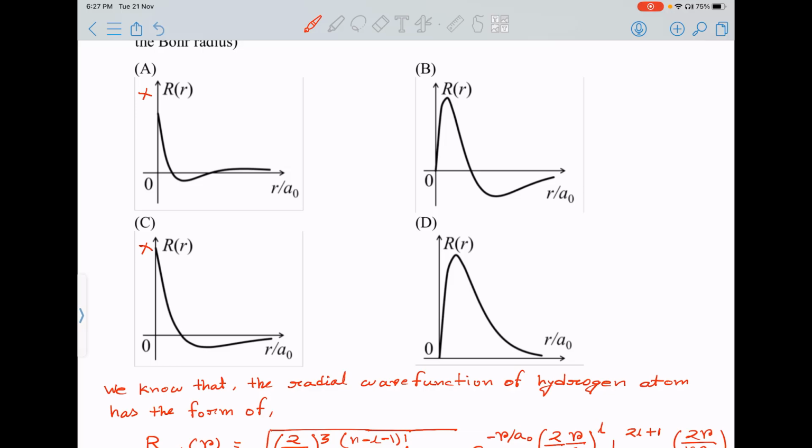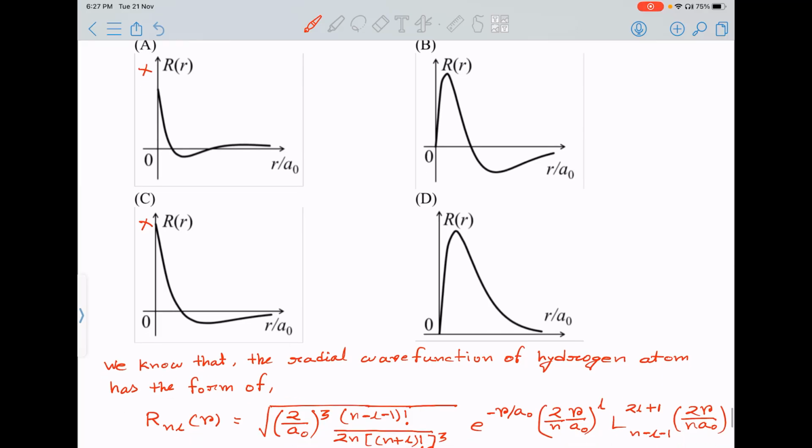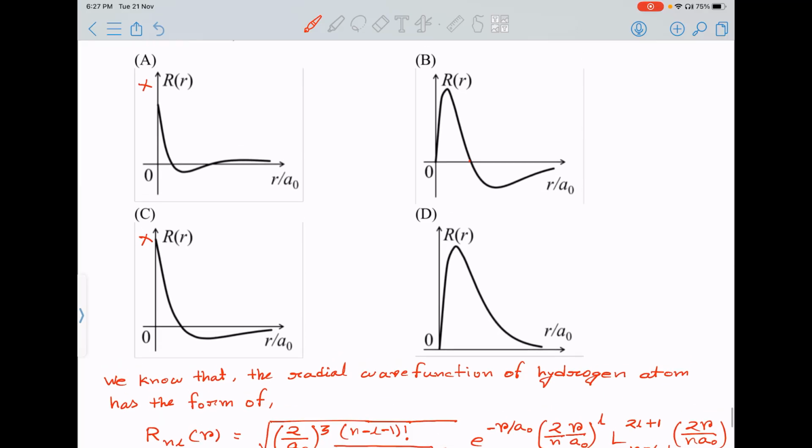At r prime equal to 0, both option B and D have a value 0 for the radial wave function capital R. For option B, you can see there is a zero value in between, at r prime equals r upon a naught equals 6, which is satisfying, whereas in D only two zeros are there, at r prime equals 0 and r prime equals infinity. So this makes option B the correct option.